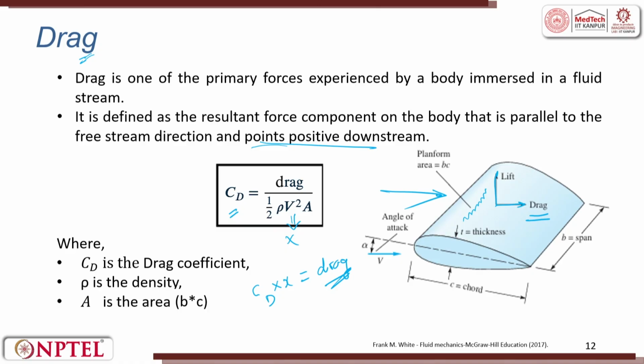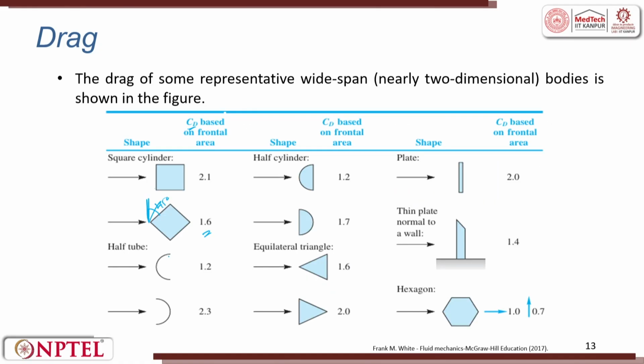CD is the coefficient of drag. Then if it has a half tube, it is 1.2. When it has a convex shape, the inverse of the half tube, you see 2.3. So, just by changing the shape, you see how the CD on the frontal area changes.